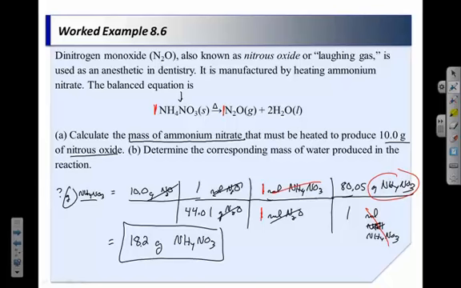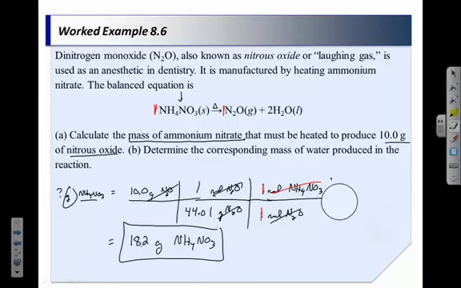So this is powerful. It allows me, if I ever have a reaction occurring, if I want to make a certain amount of product, I know how much reactant I need to put in by doing this type of conversion. How would I figure out how much water is produced? I would do the same thing. To figure out how much water is produced, I would start with the same first step.